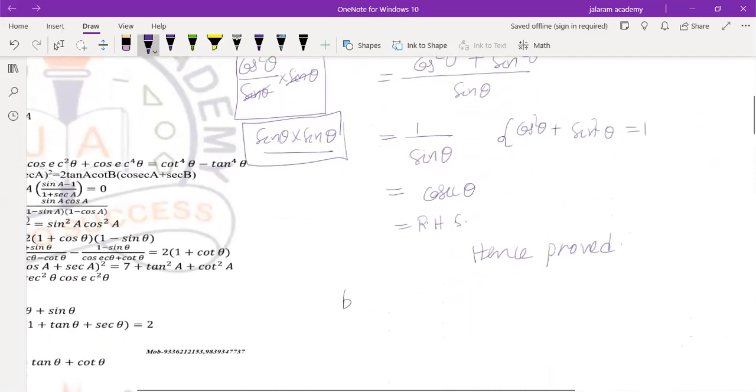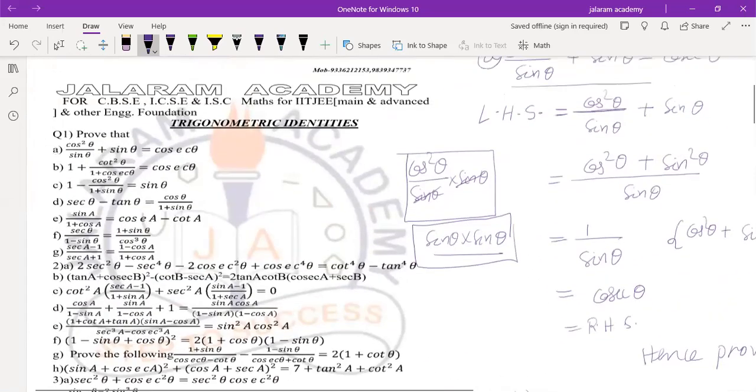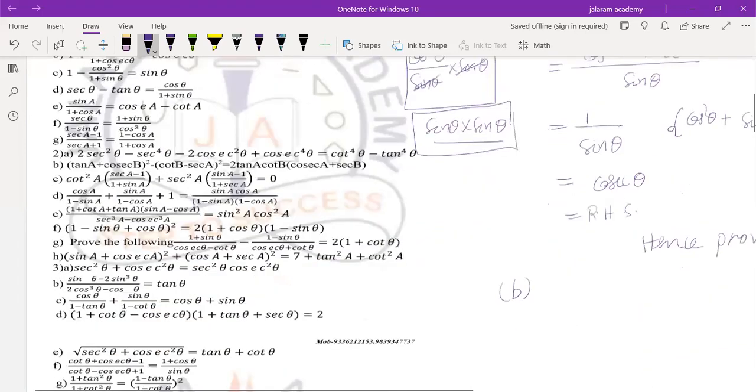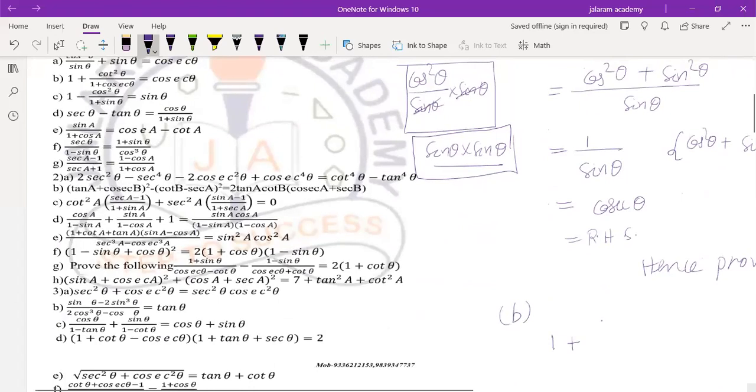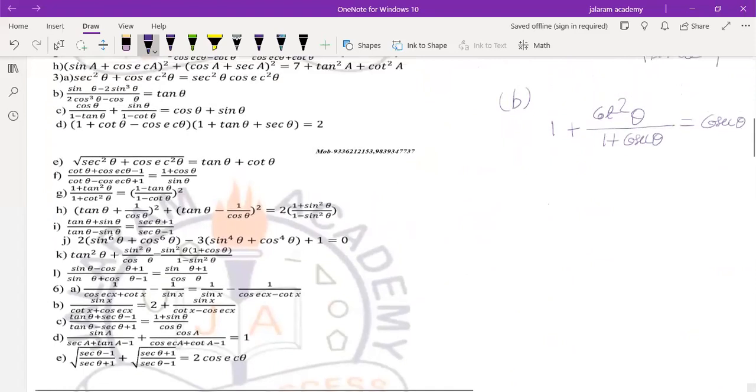Okay. Now I am going to discuss question number B also. Question number B is 1 plus cot square theta upon 1 plus cosec theta, and we have to prove that it is equal to cosec theta. So again we will follow the same method.